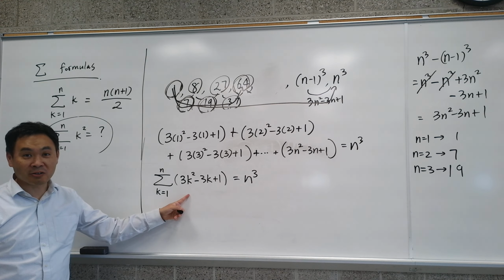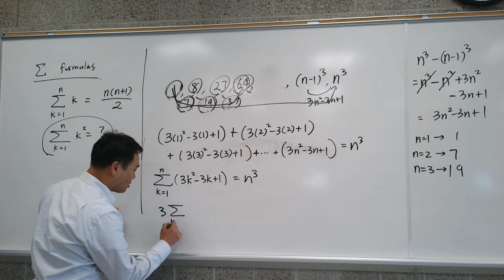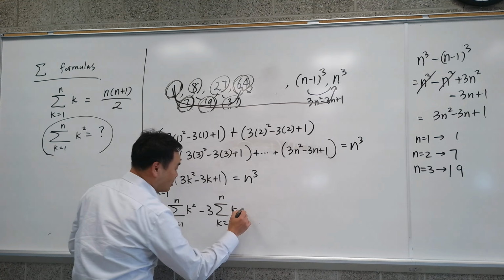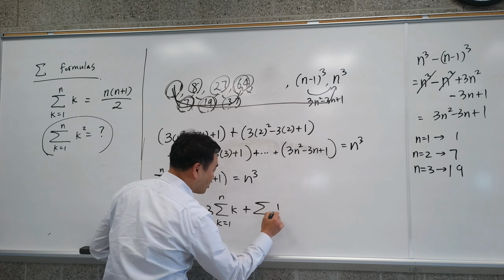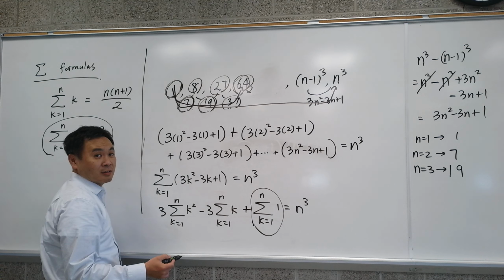I break this apart, right? So I have 3 times the summation of k equals 1 through n of k squared, minus 3 times the summation of k equals 1 through n of k, plus the summation of 1, k equals 1 through n, equals n cubed. What is this last one the same as?